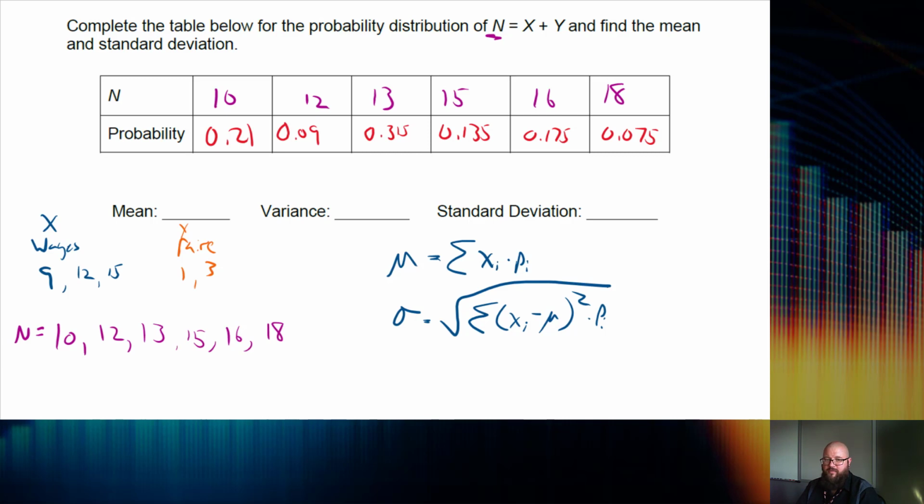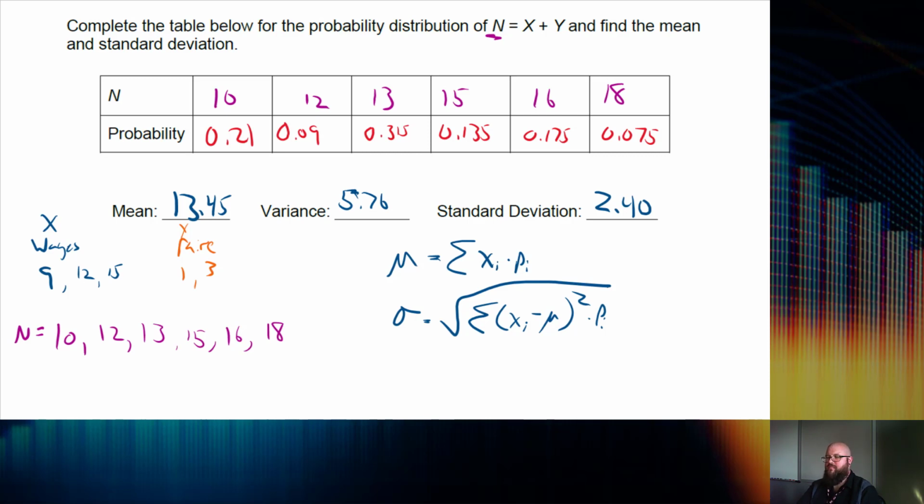When we work these out, 13.45 is the mean and our standard deviation is 2.40. If you square the standard deviation, you get the variance of 5.76.